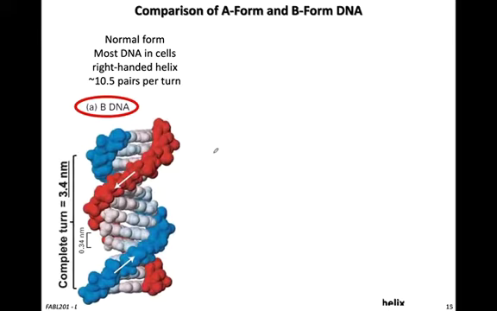So here you can see that generally there is the B form, it is the normal form. It exists in almost all of our cells. It's a right-handed helix. One turn in the helix is around 10.5 base pairs per turn, and you can see that the complete turn takes about 3.4 nanometers.